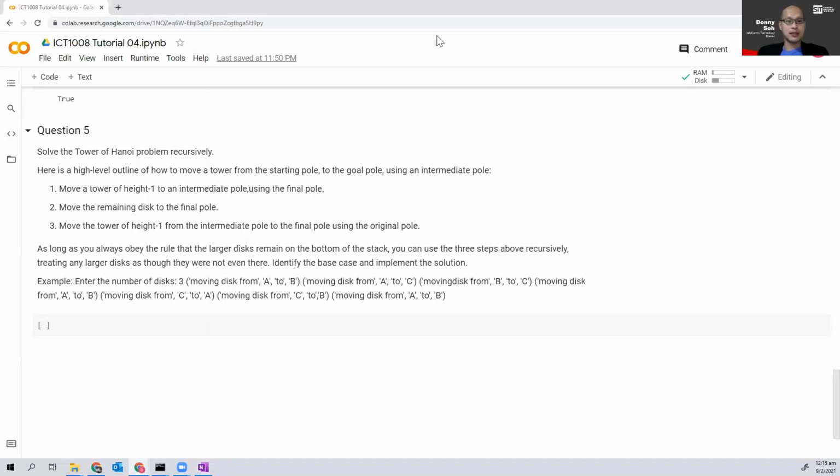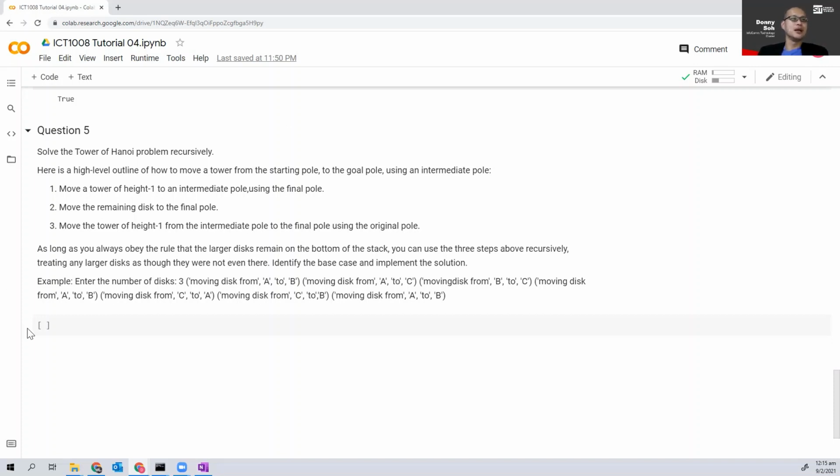So that would be the terminating condition. So as long as my height is 1 or above, I need to do something. Else, if it's 0, means that I'm done already for that part of the recursion.